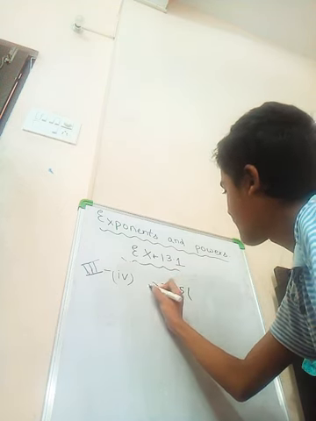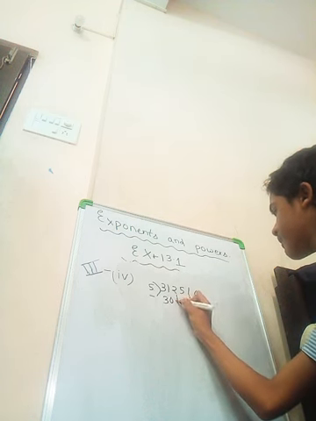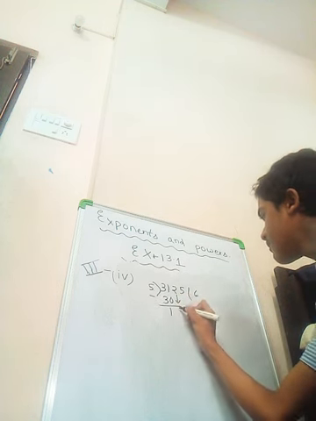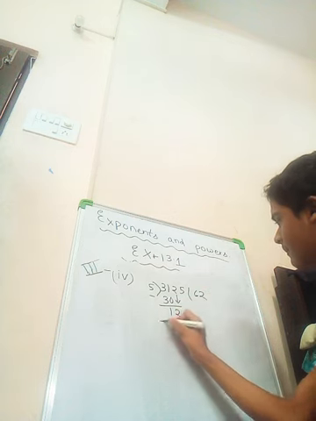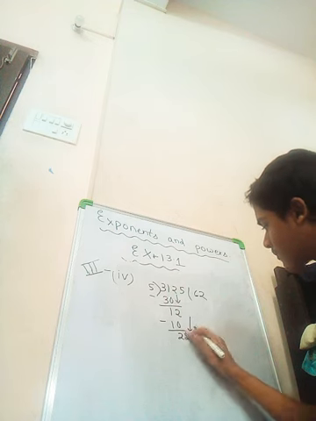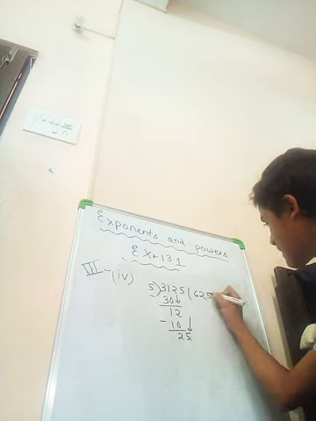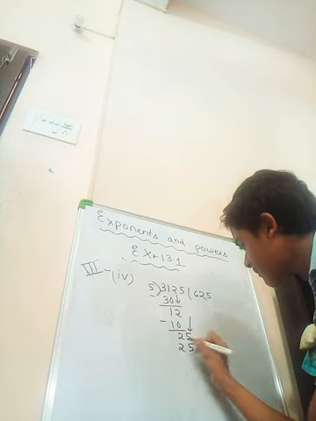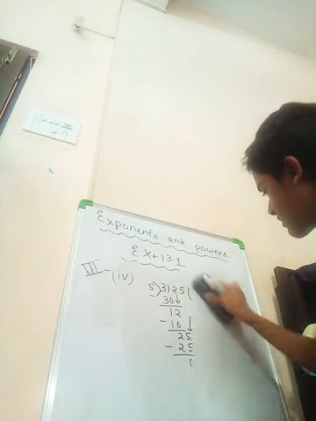5 6s are 30, then 5 2s are 10, here 5 came down, then 5 5s are 25, 0 remainder.